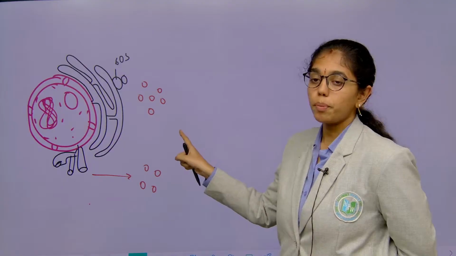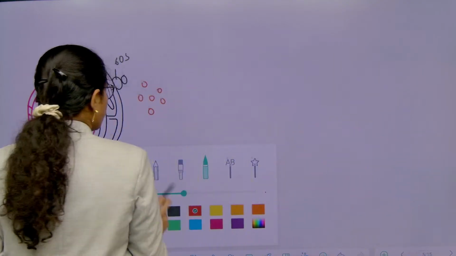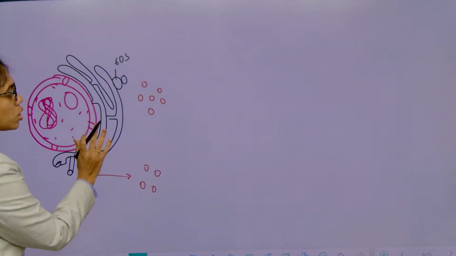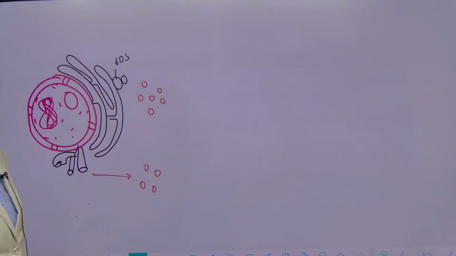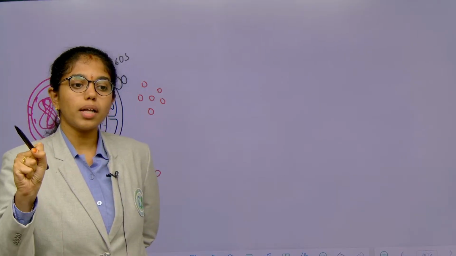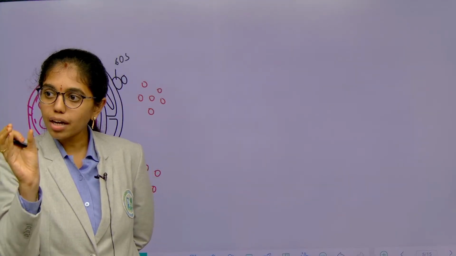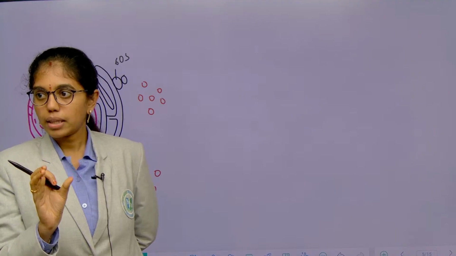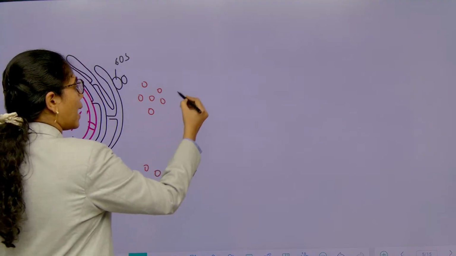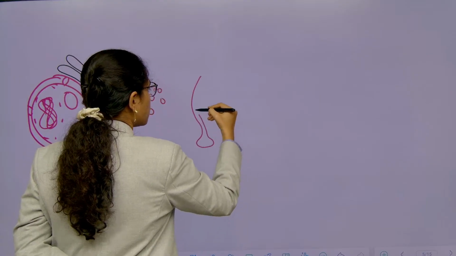Now this has to be processed where? In Golgi bodies. In Golgi bodies, which phase will be closer to the endoplasmic reticulum? Very good, cis phase. Golgi bodies are densely stained disc shaped structures which are close to the nucleus, and the cis phase will be towards the endoplasmic reticulum.